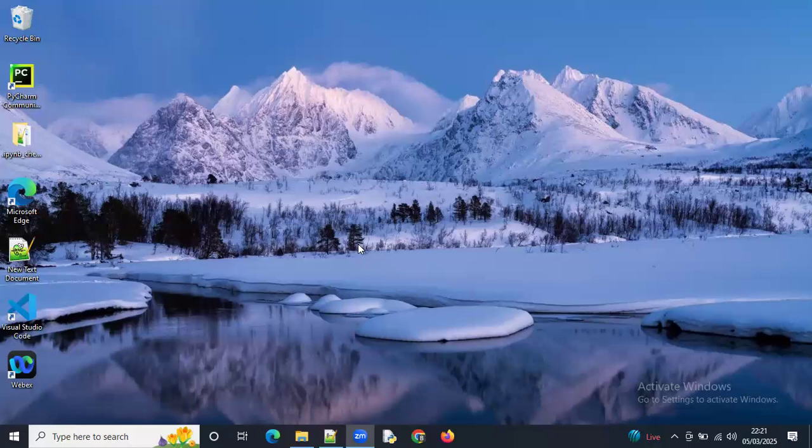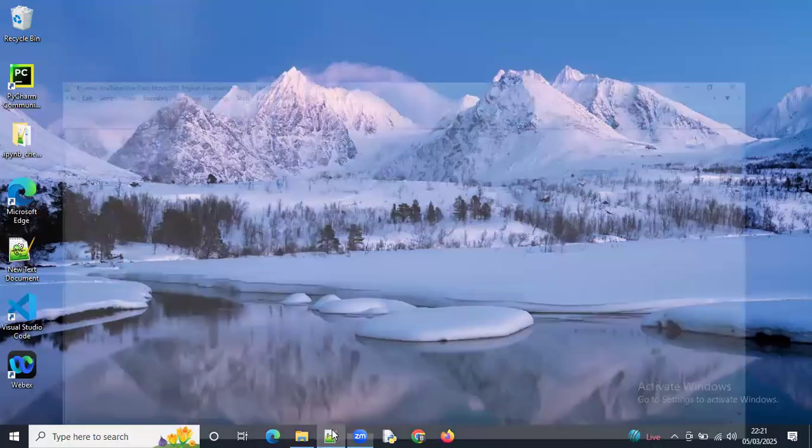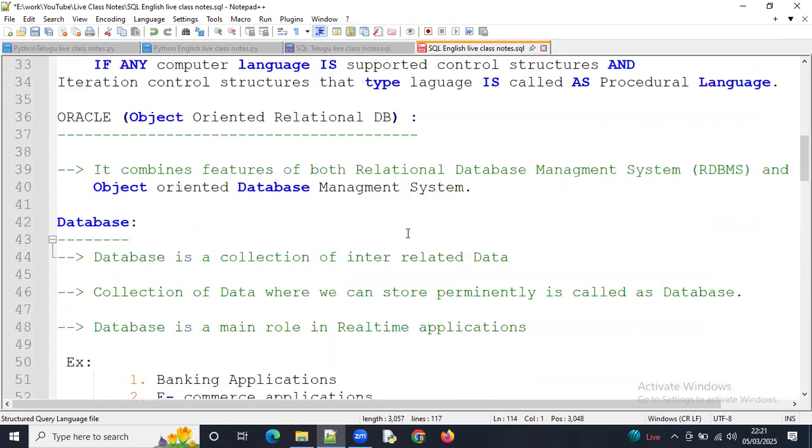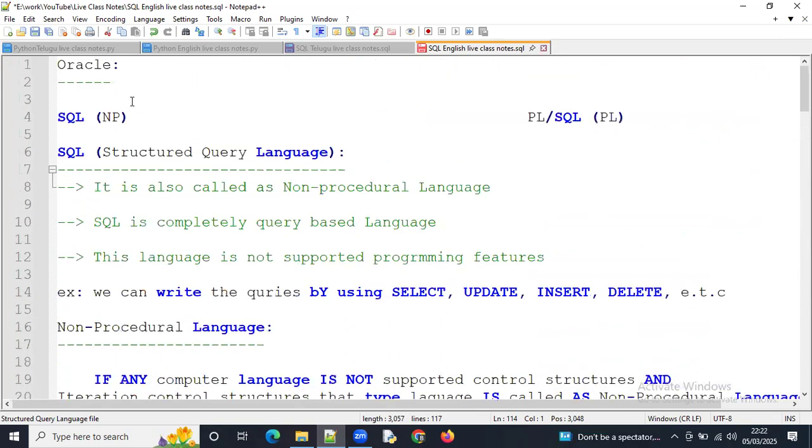Before proceeding into today's class, let's have an overview of what we discussed in the last class. In the last class, we discussed what is SQL and what is PLSQL.